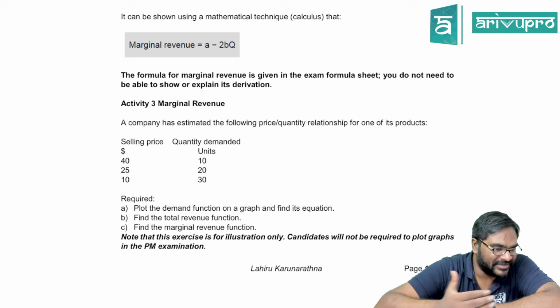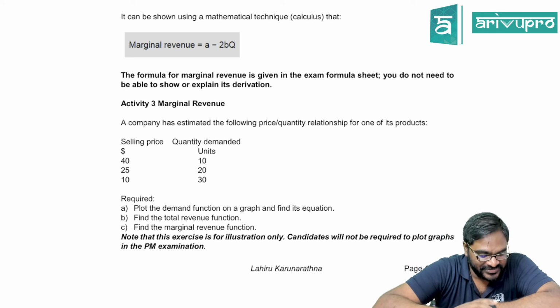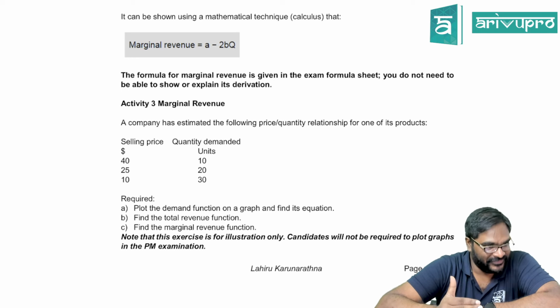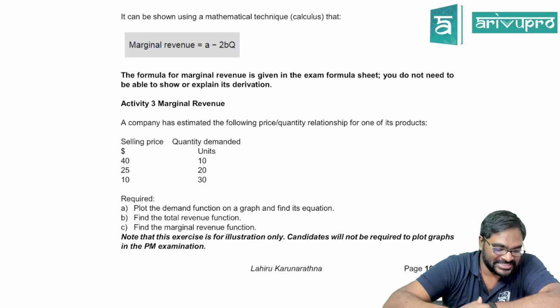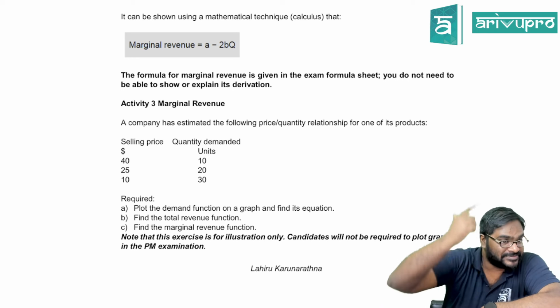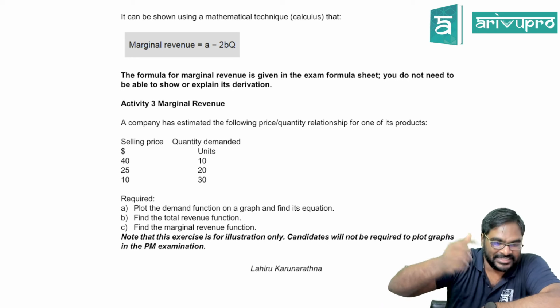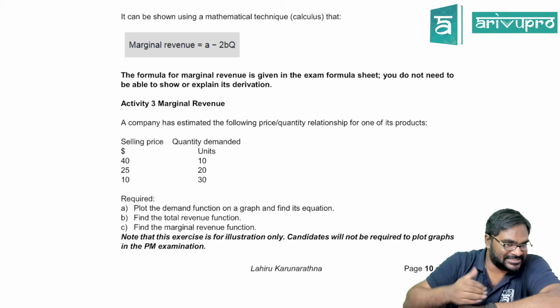A would be 55 according to the trend, because when your price goes up by 15, the number of units comes down by 10. So at 40, you are selling 10 units only. That means if your 40 is increased by 15 more, your demand is going to be 0, isn't it? That's the trend according to the numbers given.